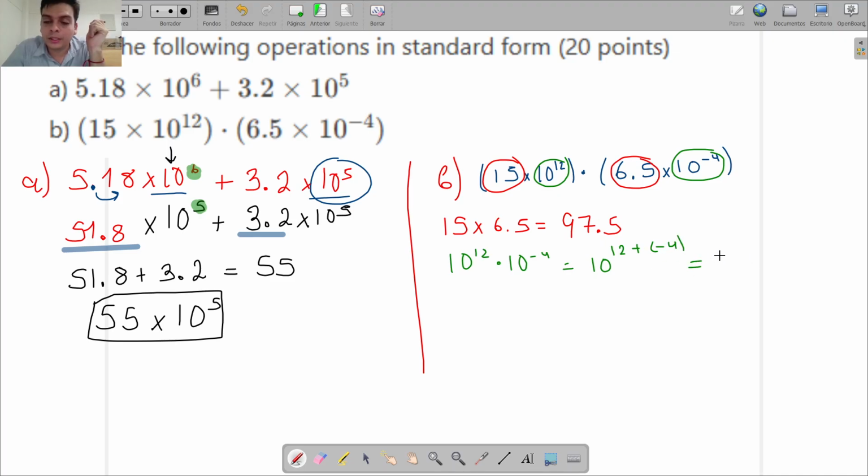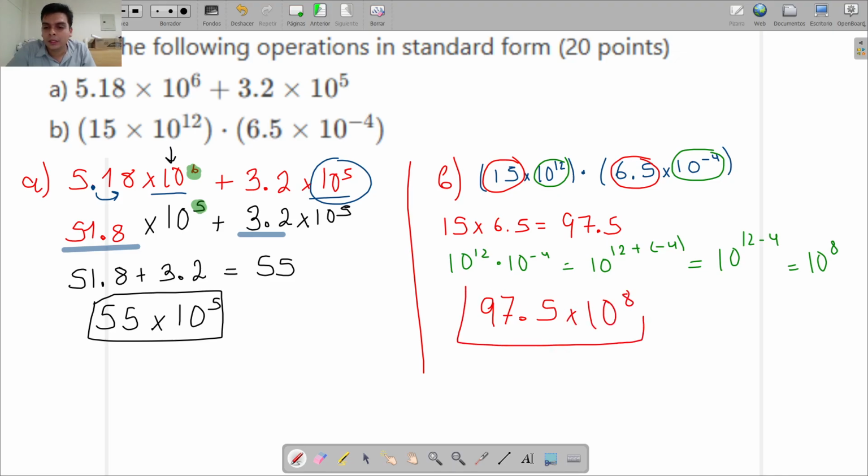If you do this in your calculator, you will have 10 to the power of 12 minus 4 equals 8. So, what is going to be my result? 97.5 times 10 to the power of 8. Okay? We are going to finish this in a second part.